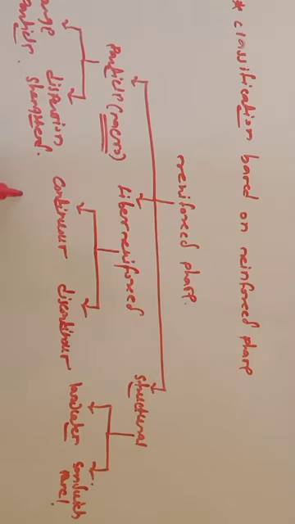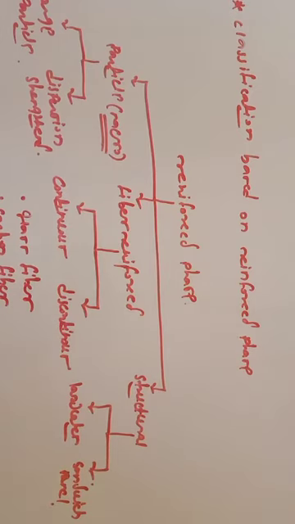The main constituents in this class are glass fiber, carbon fiber, and the third one is aramid or aromatic fiber. So we are very much interested in the fiber reinforced phase of composite materials.